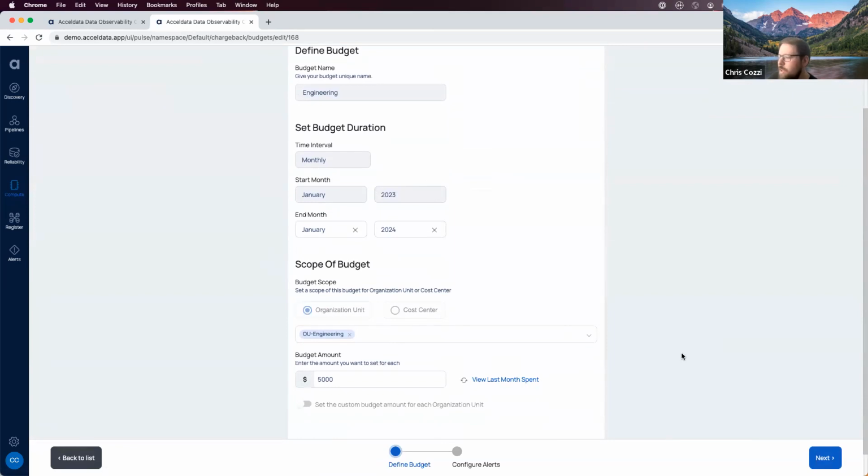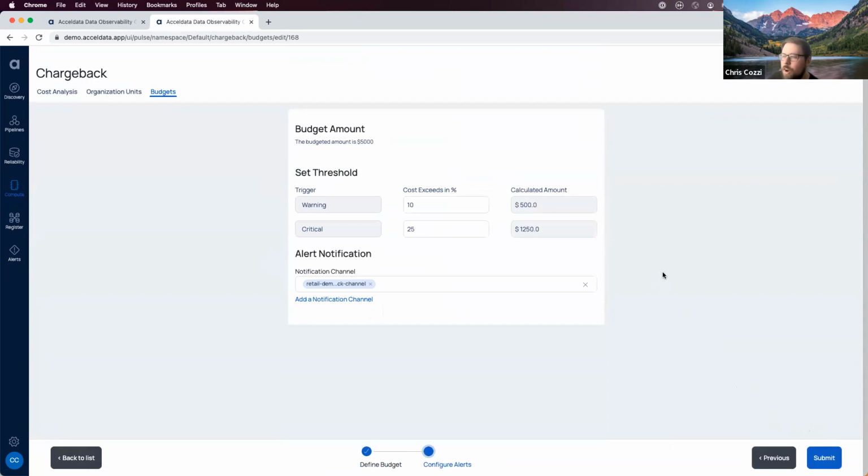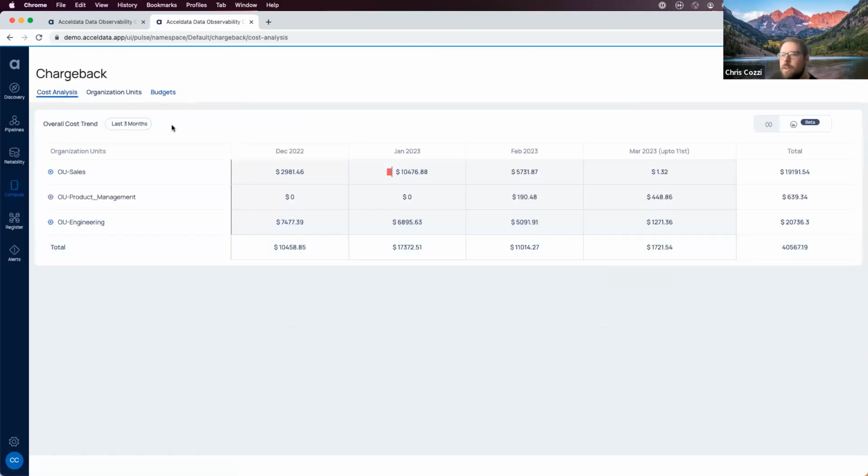But the important piece here is when budgets are exceeded to varying degrees, you can ensure you're getting alerted of that. You don't have to just find that in the tool. We have the ability to send this to the notification channel of choice. But that's a little bit about going forward.